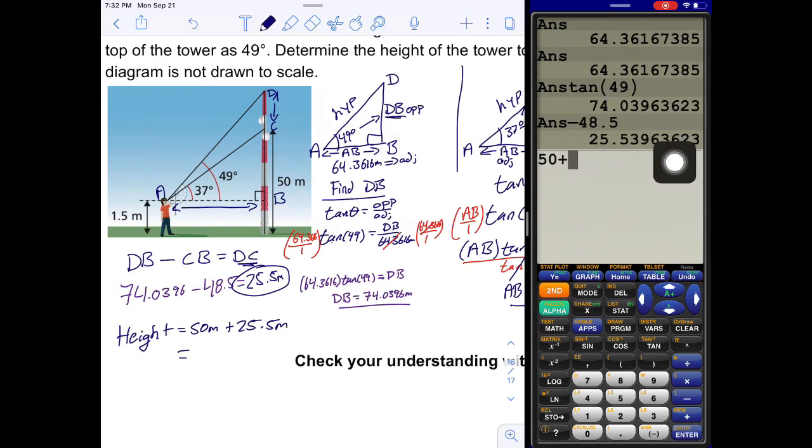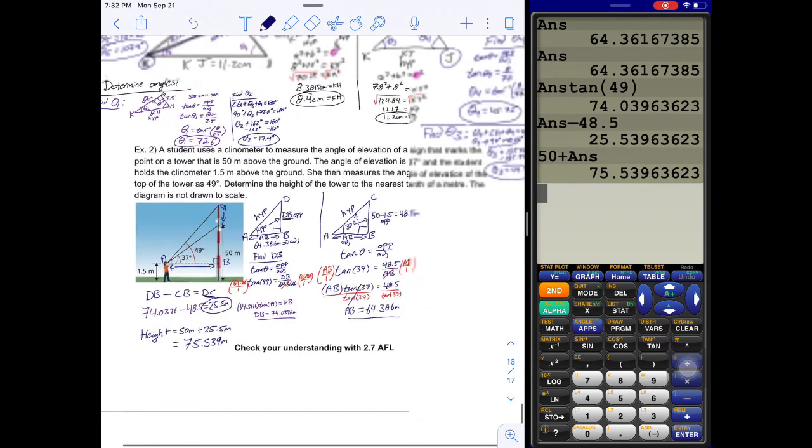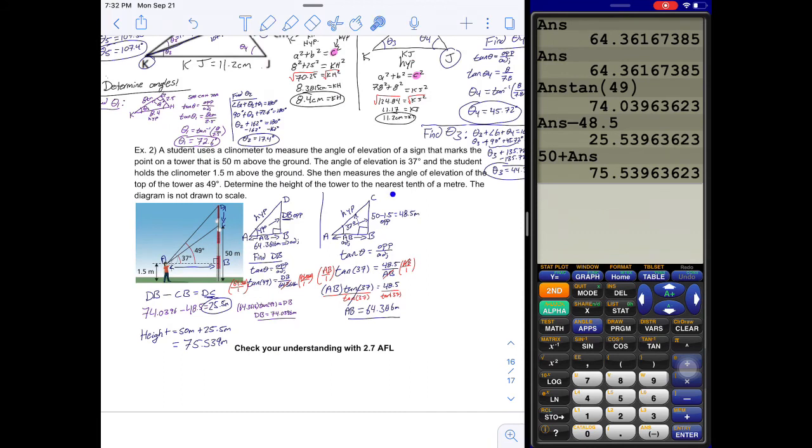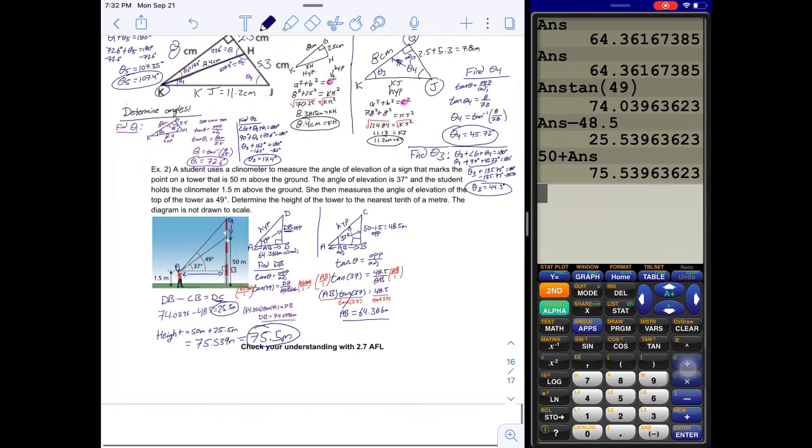So 50 plus, and I want to use that whole answer, so second answer. And that gives me 75.539 meters. And what does it want us to round it to? It wants us to round to the nearest tenth of a meter. So that will be 75.5 meters.